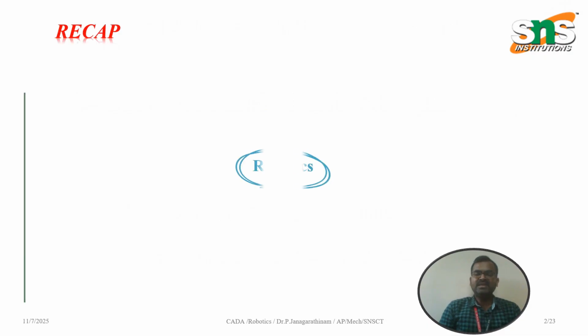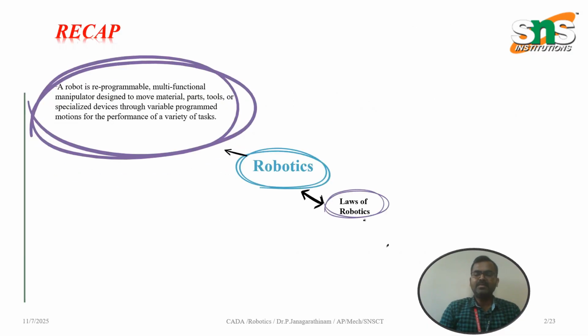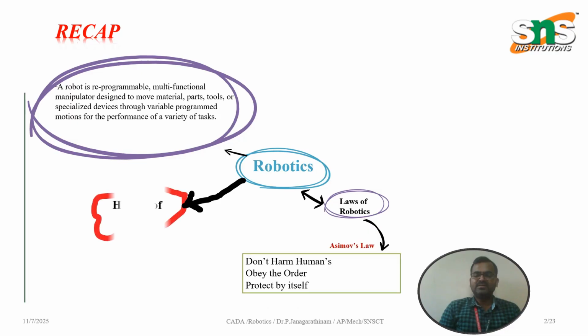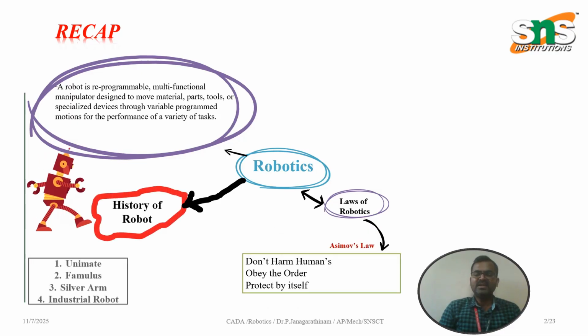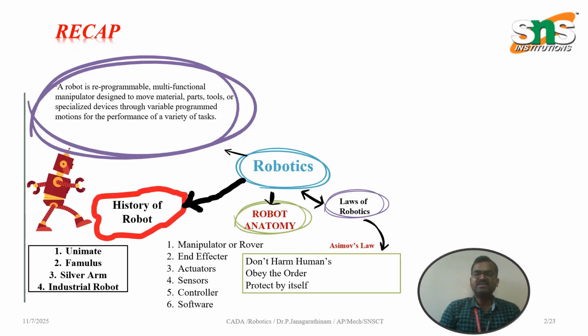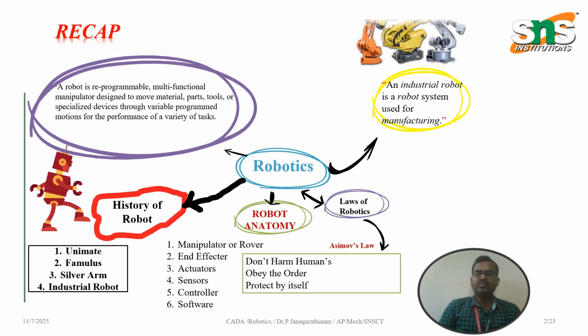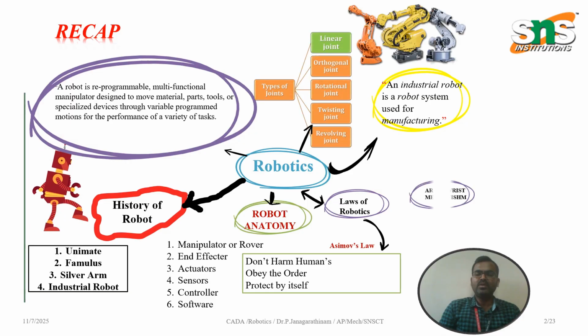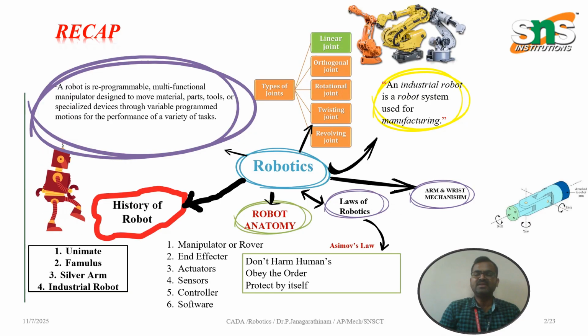This is the previous class recap about the robotic system. First of all, a robotic system is a reprogrammable and multifunctional device used to move materials, parts, or tools from one place to another. The different types of joints are linear, orthogonal, rotational, twisting, and revolving joints.